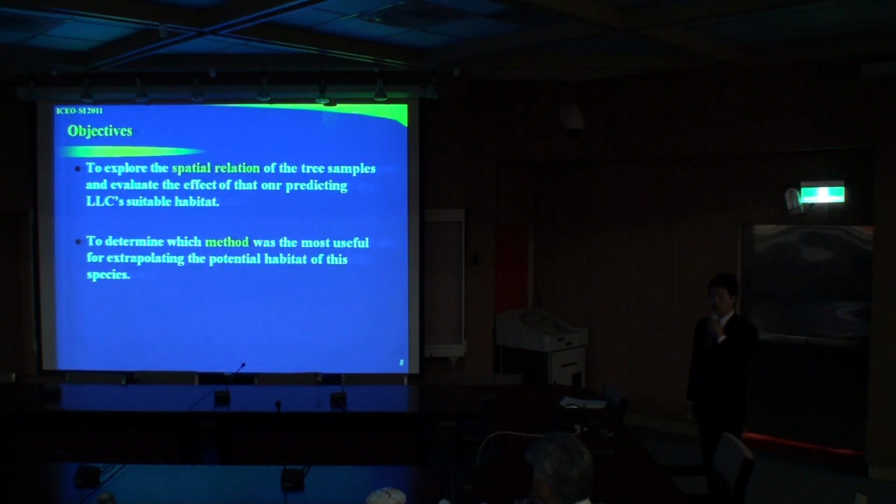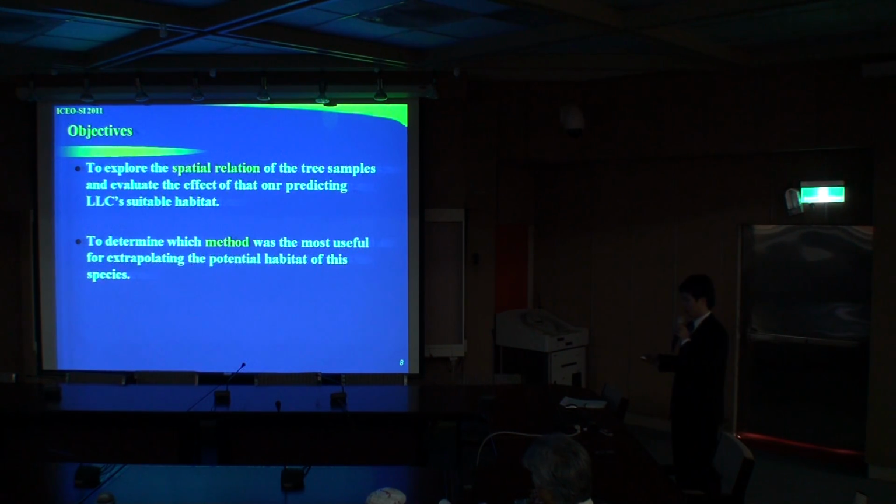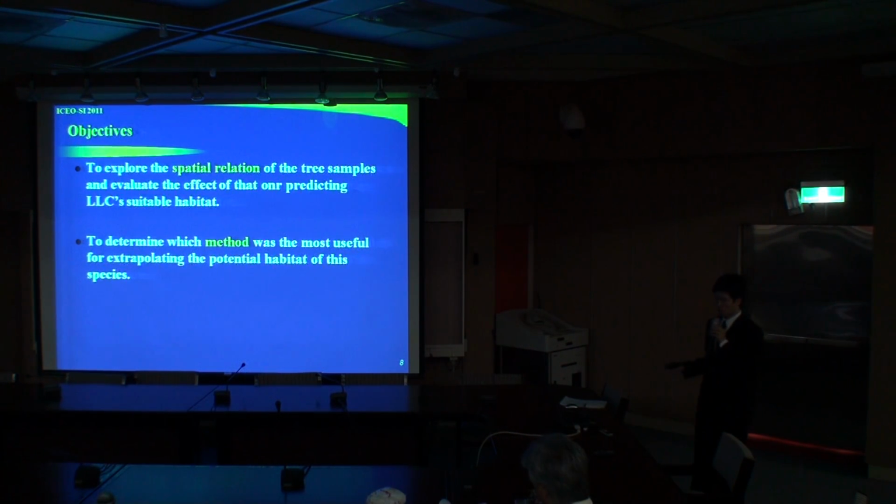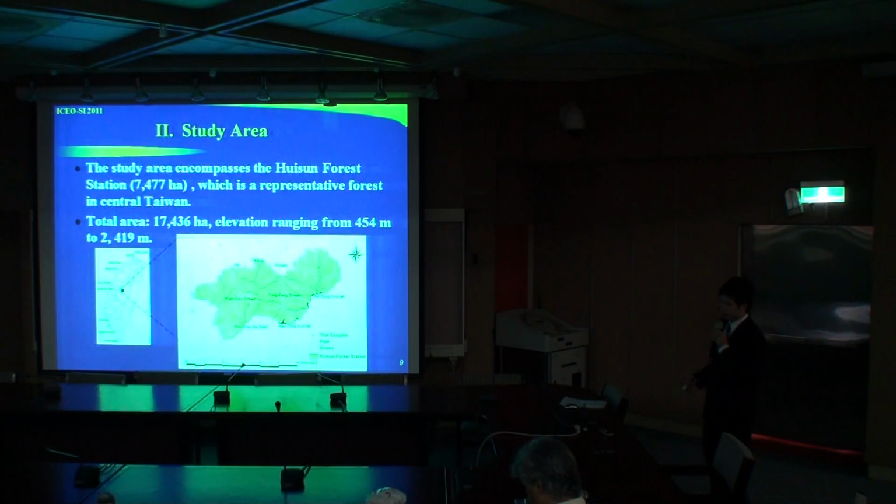In our study, we aim to explore the spatial relation of the tree samples and its effect on the prediction. And we also want to determine which method is the best for extrapolating.